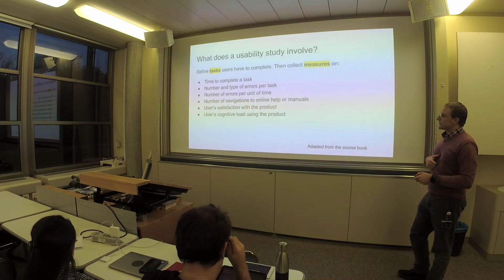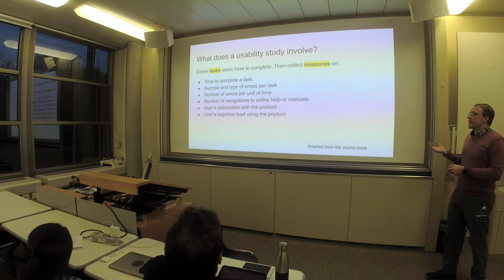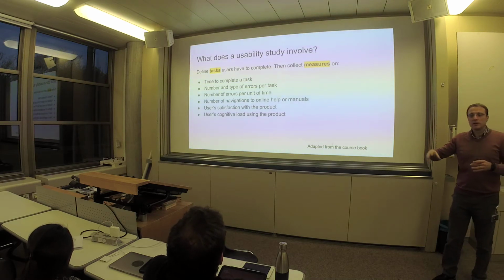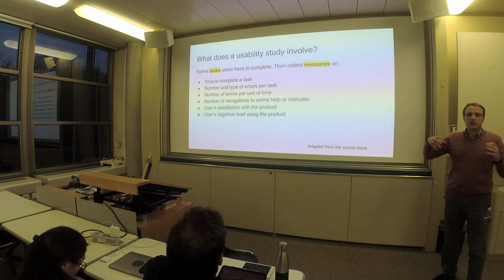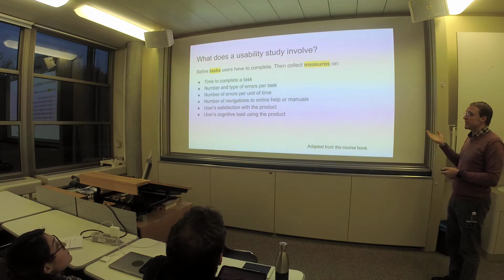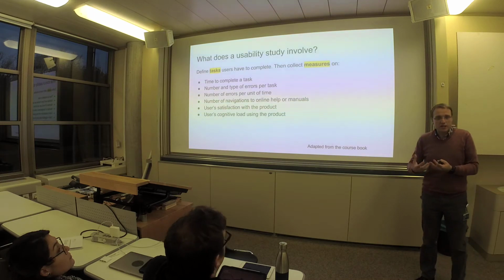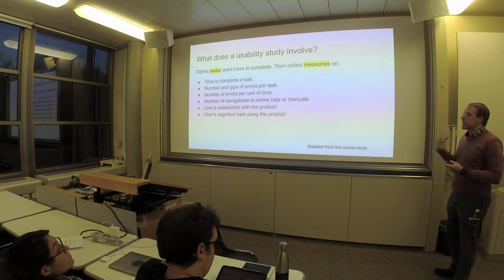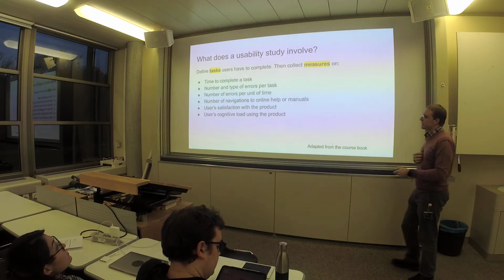Okay. If they need help and they go to a manual, they go to the help page, they try to seek additional forms of help, probably this can be seen as an indication that the design is not clear, and maybe we want to keep track of that, right?